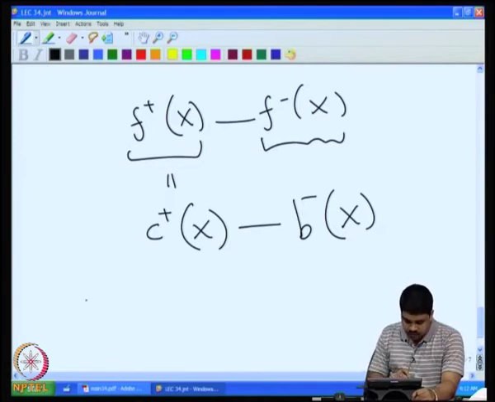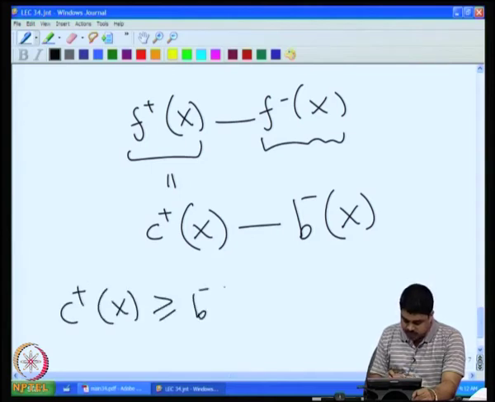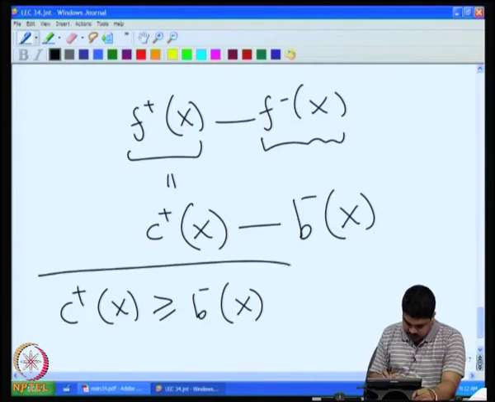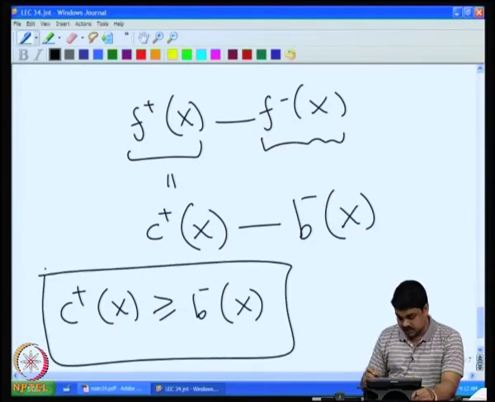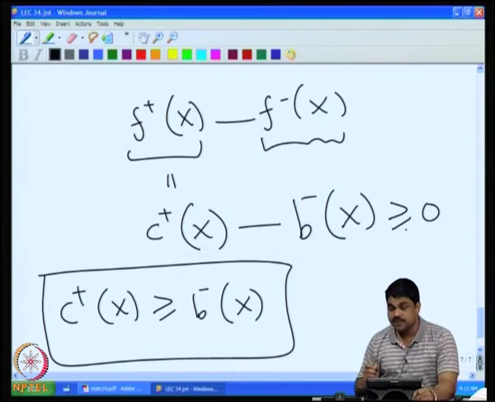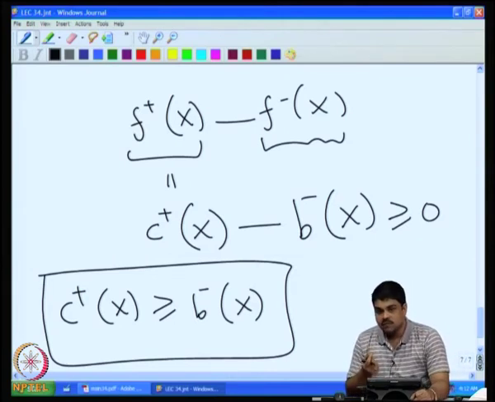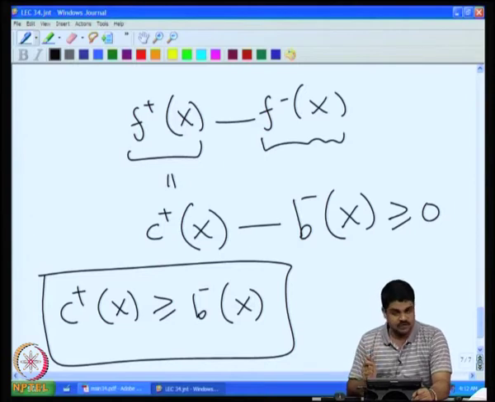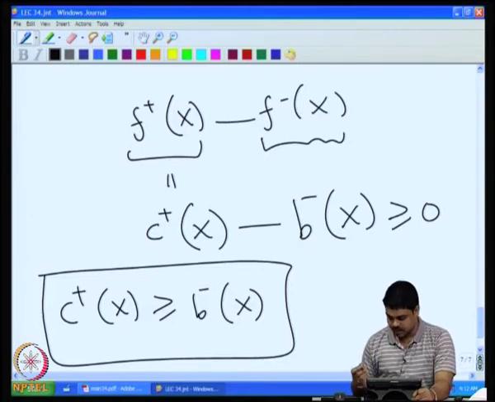And because of the condition that c plus of x is greater than or equal to b minus of x for each subset x, this has to be greater than or equal to 0. So when you sum up the excesses over all vertices in x, what we get is a value greater than or equal to 0. It can be positive, it can be 0, not negative.